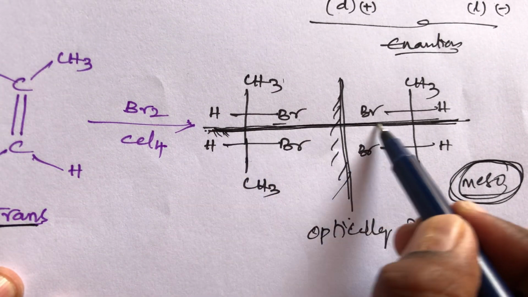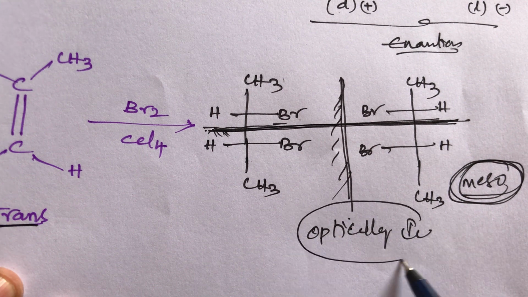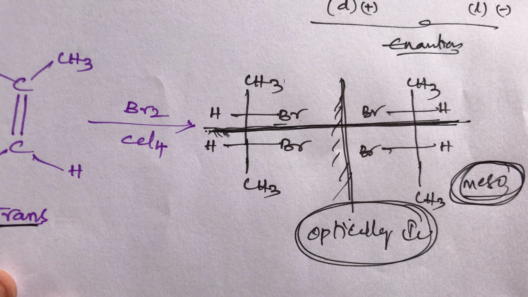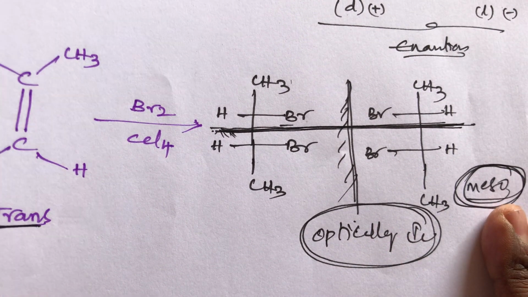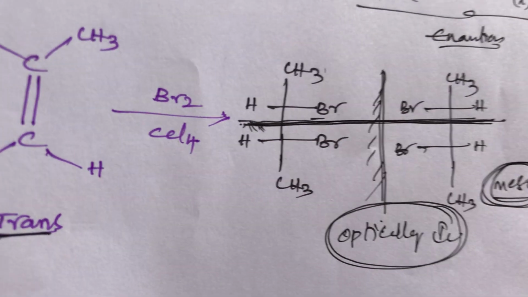According to stereochemistry, a compound with a plane of symmetry is always optically inactive. It is very important, students. So this trans-2-butene will undergo bromination in the presence of CCl4 by anti-addition reaction, and after that a meso compound will be formed. It is very important, students.